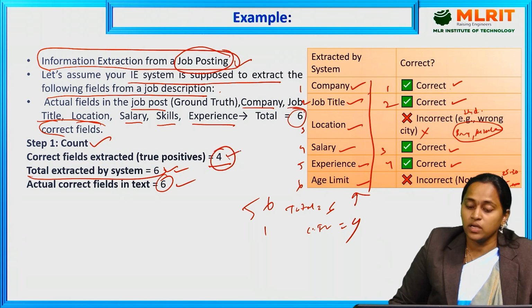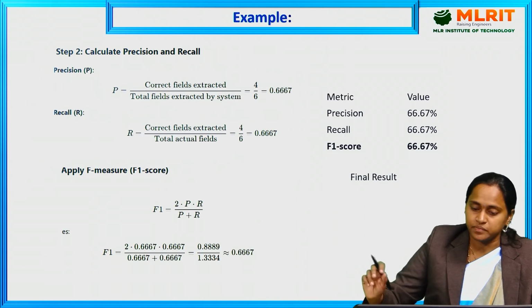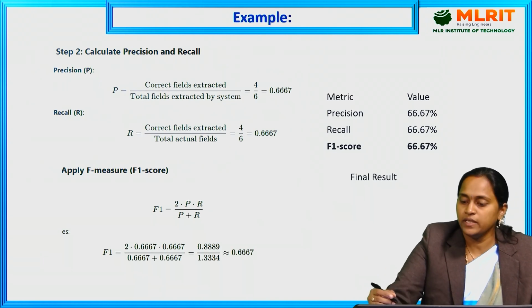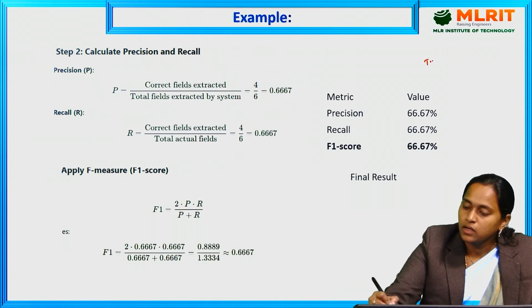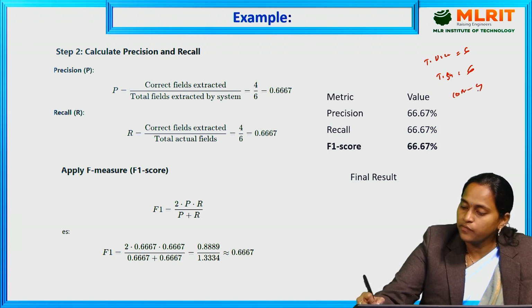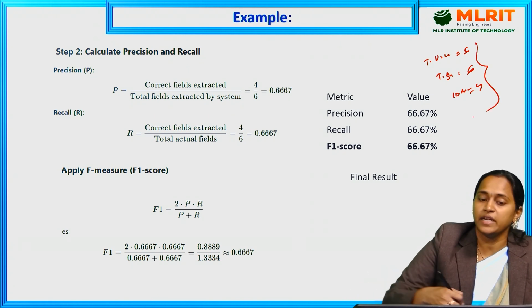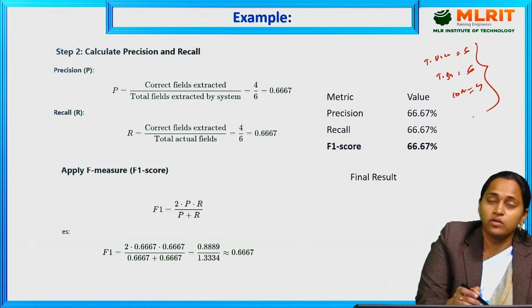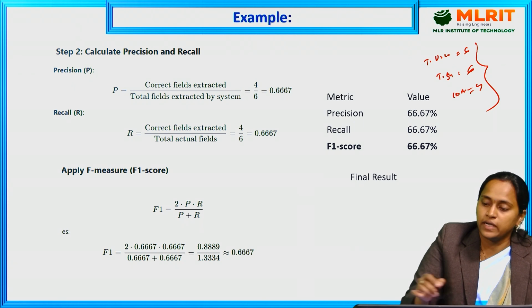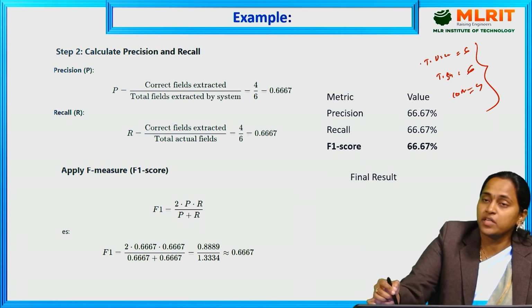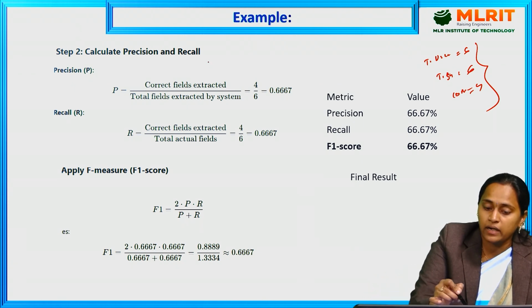Let's find out the precision and recall first. Let's note down: total user fields is 6, total system fields is 6, and the correct ones are 4. Then we will get the precision and recall. Step 2: after counting the fields, we have to calculate the precision and recall.